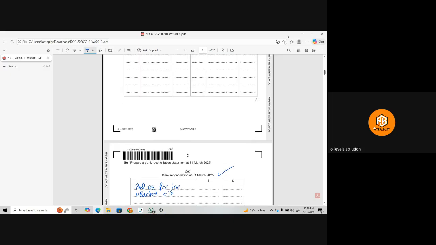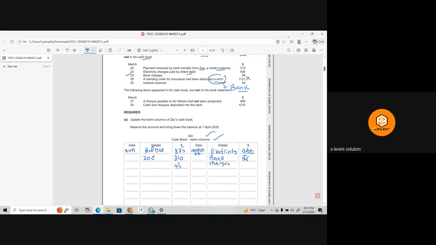Okay, after that, we have to see the errors which are done by the bank. So there's a cheque payable to AC Motors that had not been presented. It means that AC Motors is basically our creditor, and we have paid this $480 to him, but he has not presented it to the bank yet. But of course, today or tomorrow, this $480 will be deducted.